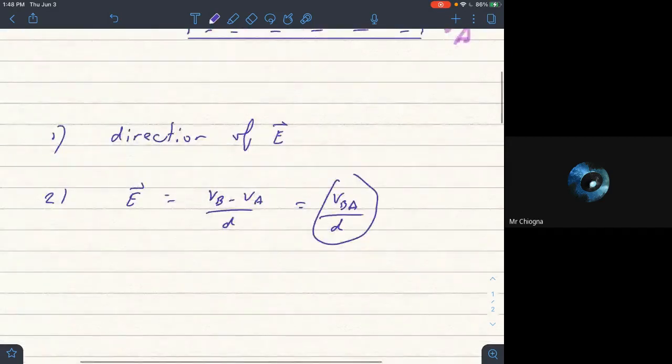Okay, what about this? Does this apply as well? Yes or no, you write it down. Because that's a real equation.